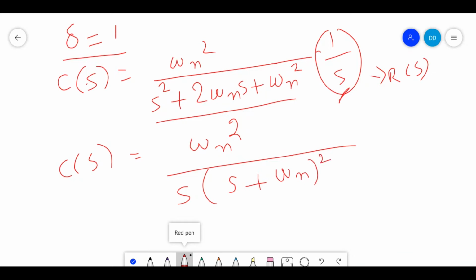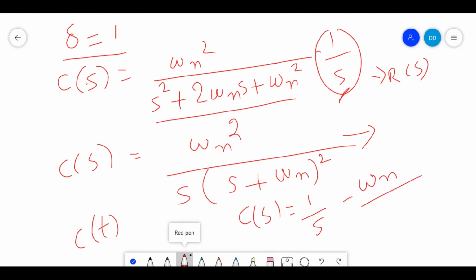Now, in order to obtain the time response C of t, we need to go for the inverse Laplace. So, before we take the inverse Laplace, we have to resolve it into partial fractions. So, on resolving this into the partial fractions, we get C of s is equal to 1 by s minus omega n divided by s plus omega n the whole square minus 1 by s plus omega n.